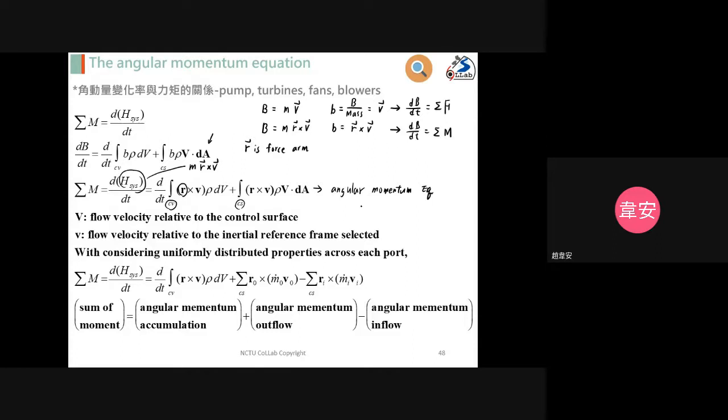How can we apply the angular momentum equations? When our problems include rotational motion, we need to apply the angular momentum equations.